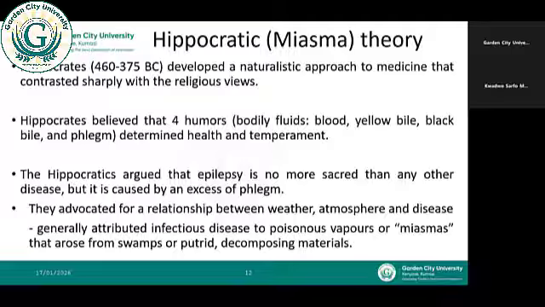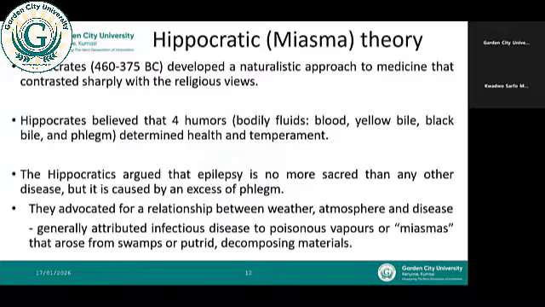So for example, they believed that if someone had epilepsy and the seizures appeared because of the foamy substance that was coming out, they suspected that producing phlegm was the cause of the disease. So this was not by divine or supernatural force.